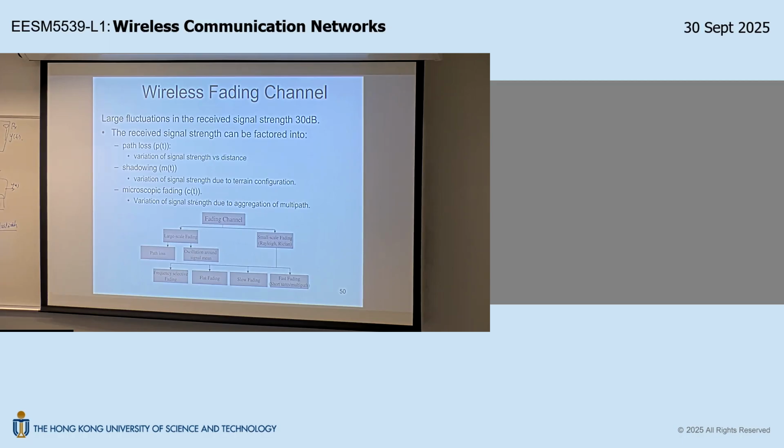This is to encapsulate the multipath. So instead of talking about the precise function of this two-dimensional impulse response, we want to define some parameters, some numbers, in these two domains. Okay, we need to define some parameters. So knowing these parameters, of course, will not give me a precise description of the two-dimensional impulse response, but it will give me some idea what the two-dimensional impulse response looks like.